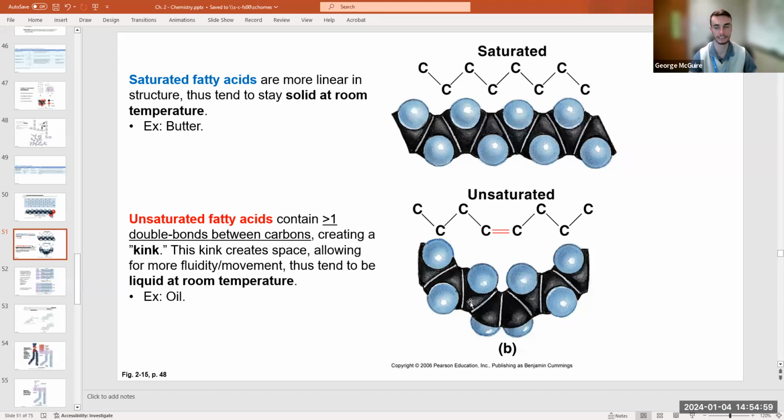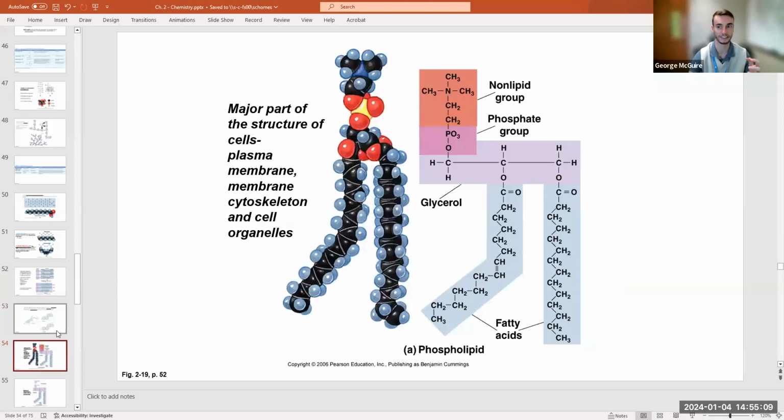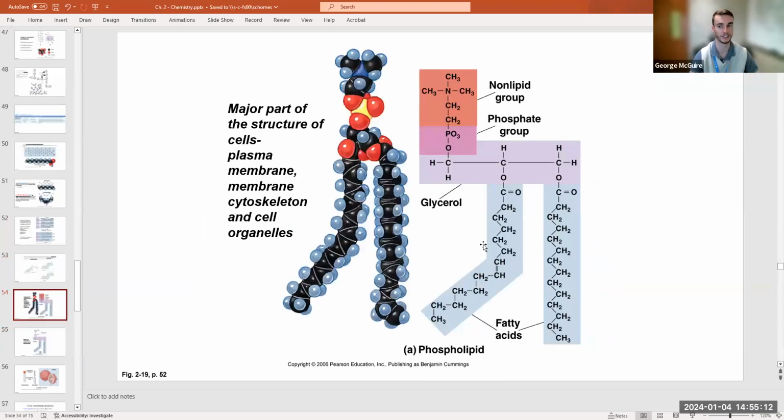And what this does is it creates space between neighboring fatty acids. I really wish I could draw here because I don't think I have any good unsaturated fats here. I guess this is a decent look at it. So just looking at the tails here, we have a saturated fatty acid tail and an unsaturated fatty acid tail. That double bond creates that kink, and now it's created a whole bunch of space that wasn't there before.